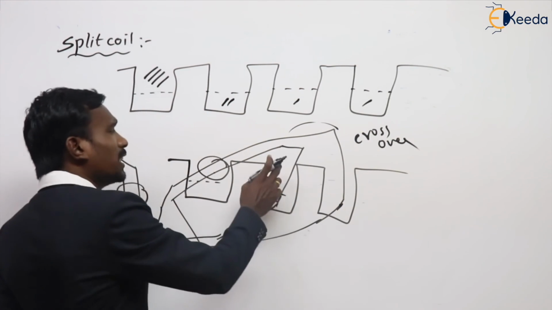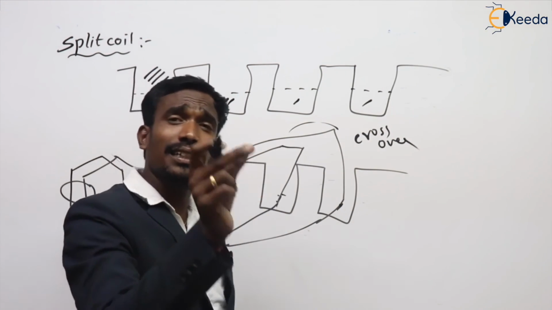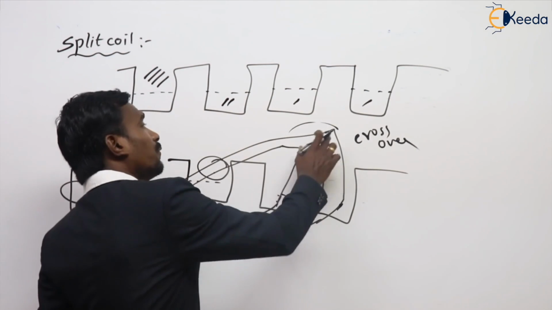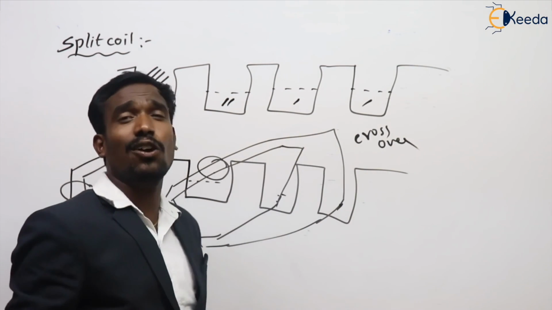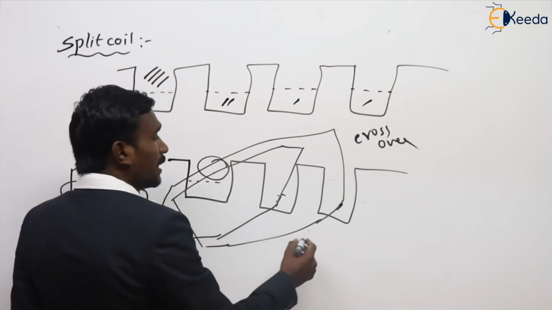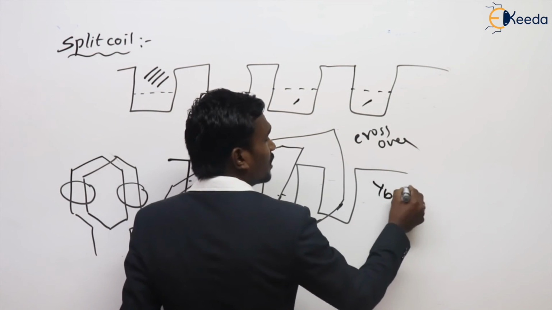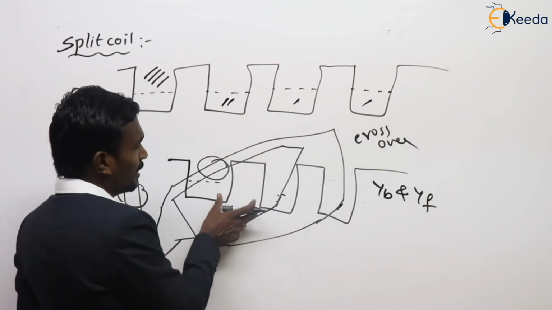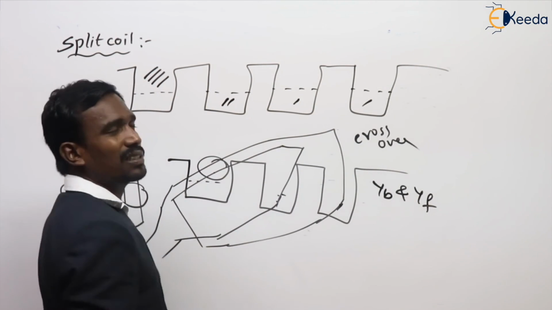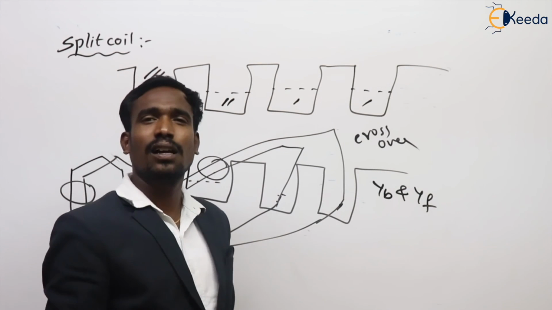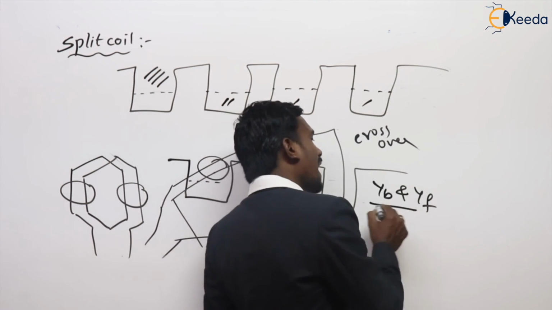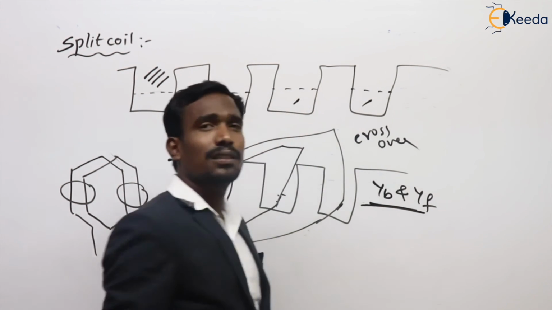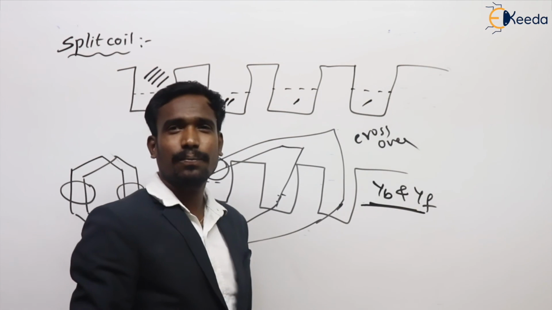Crossover problem, and different coil sizes in a single coil, or different turn sizes in a single coil. And also it may lead to variations in back pitch and front pitch. Yes or no? See here the pitch is different, here the pitch is different because slots increase. Variations in back pitch and front pitch, this is also another thing.